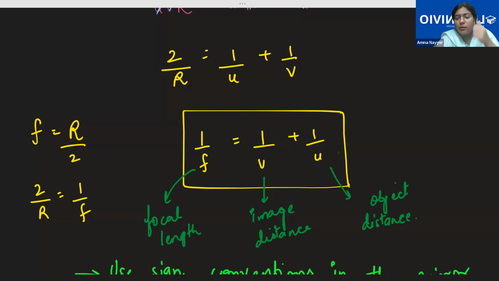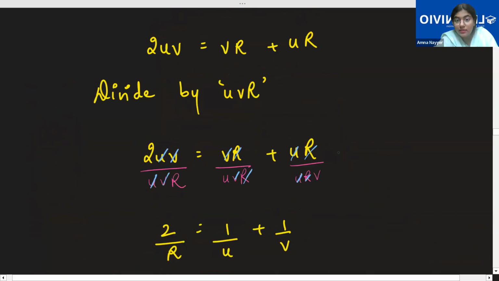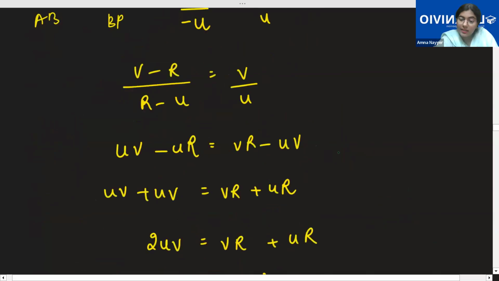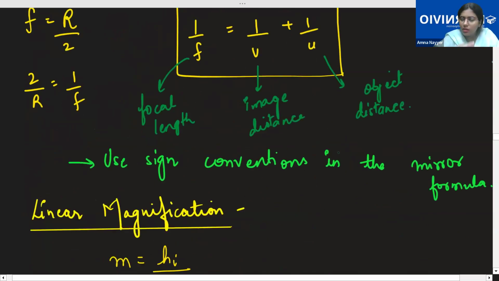Otherwise, any other formula, mirror formula, lens maker formula, apparent depth formula, you'll have to apply the sign conventions. So here also use sign conventions, then only you'll get the correct answer. And this formula is very helpful in mirrors also and in lens also.